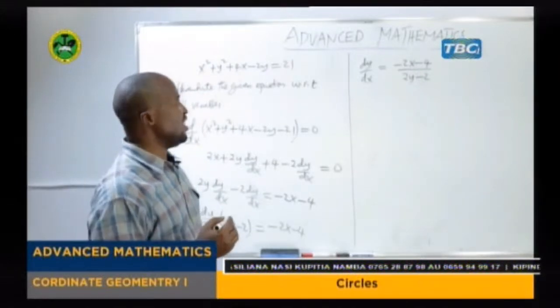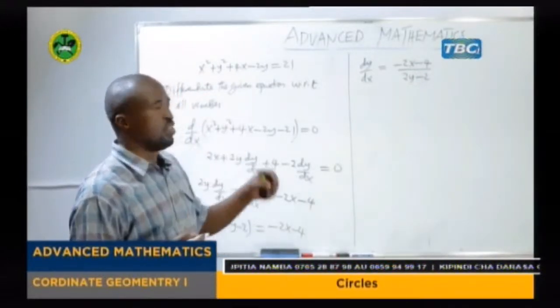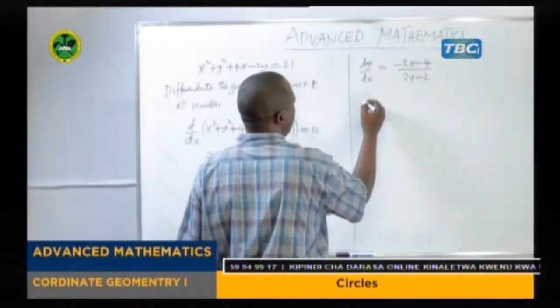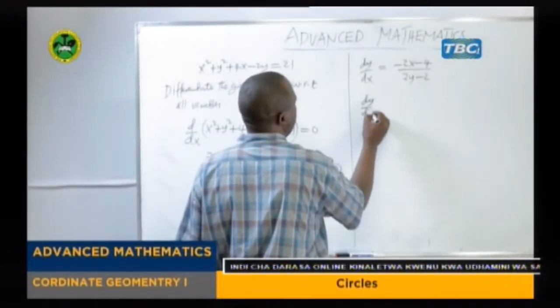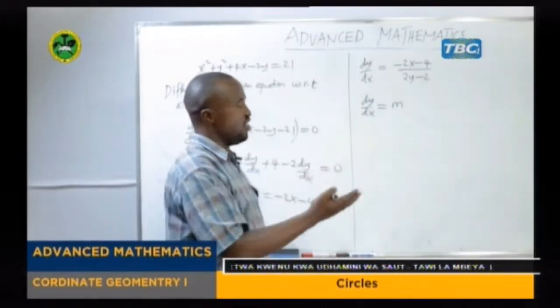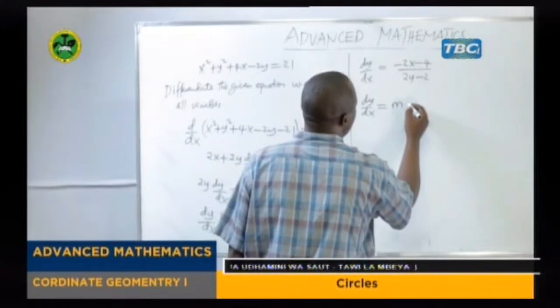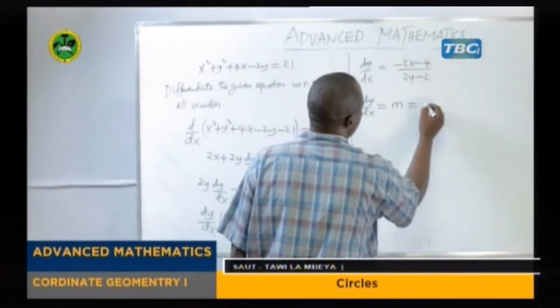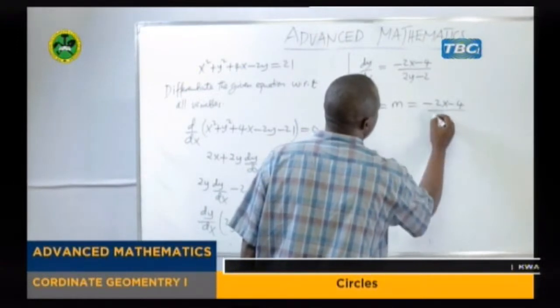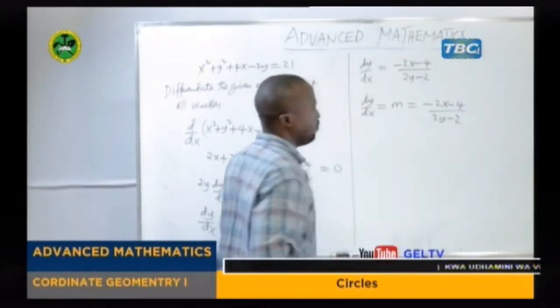So that is the derivative of our equation, but derivative is the same as the slope. So remember dy/dx is the same as m, that is the slope of the line, which is equal to negative 2x minus 4 over 2y minus 2.